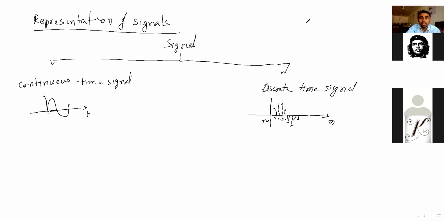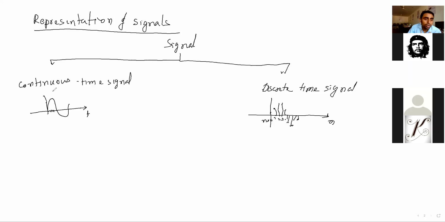For some set of times, we have some amplitude values. So this is called a discrete time signal. We can define it like that: the continuous time signal has amplitude values for every instant of time, whereas the discrete time signal has values for some discrete set of time.